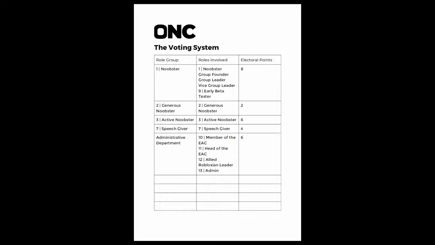It's going to be rather difficult to explain, but basically, picture that two members from the one noobster role vote for candidate A, and then one member from the one noobster role votes for candidate B. In this case, since two people within this role group voted for candidate A, candidate A would earn approximately 66.6% of the electoral points available for that role group, and then the other candidate would earn the remaining 33.3%, if that makes any sense.